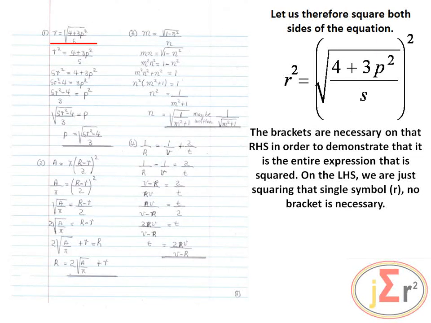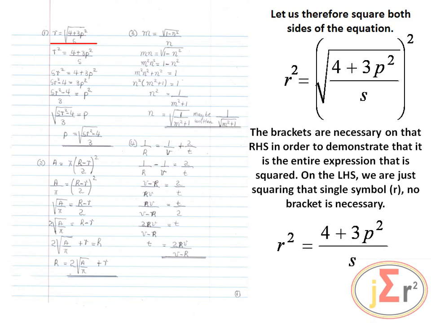Therefore, we need to enclose everything on that right hand side in such a way that we may demonstrate that it is affected by the square operation, and that is why the bracket is necessary. On that left hand side, only the r that we have right there, and we may just square r. We do not have to include any bracket.